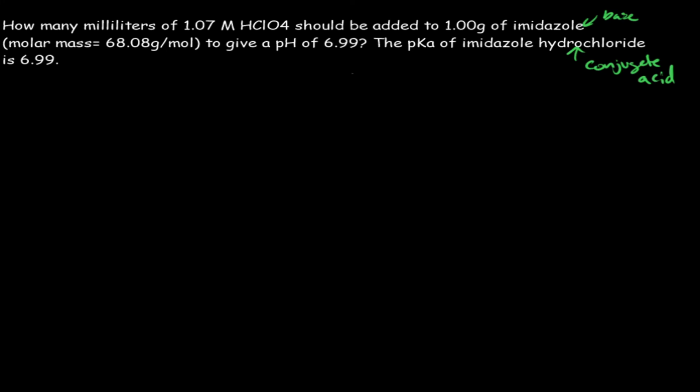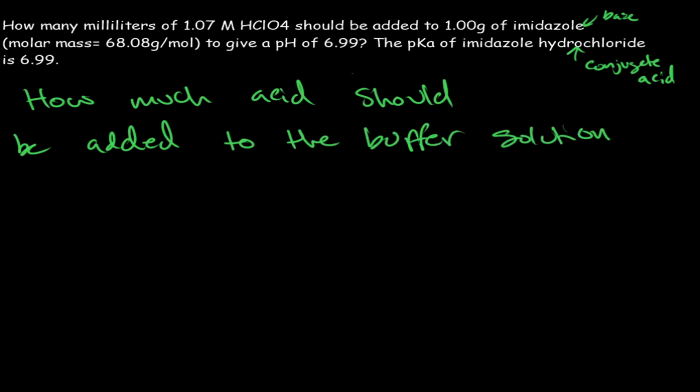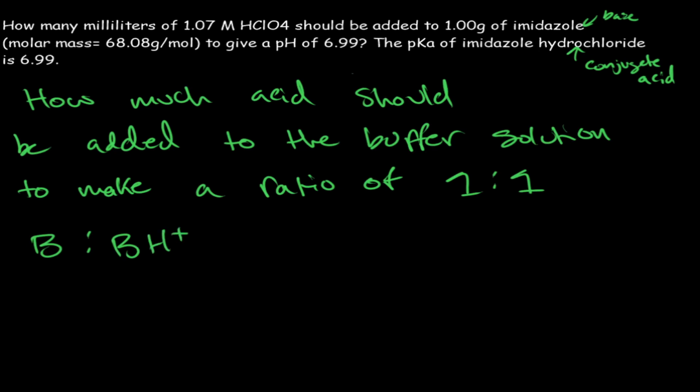So another way we can essentially ask our question is, how much acid should be added to the buffer solution to make a ratio of 1 to 1 B to BH plus.